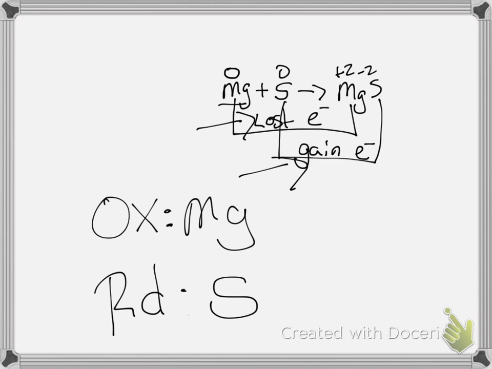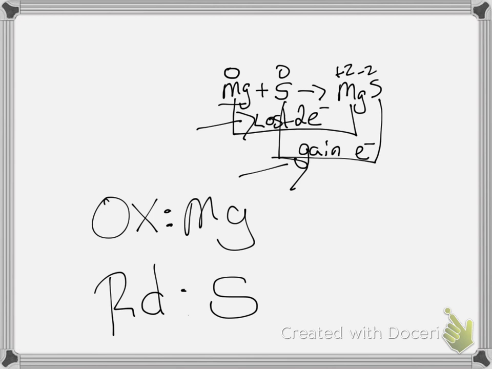Now, moving forward, that's kind of about where the level classes stop. We got to go a little bit further. So how many electrons is the next question? How many electrons did magnesium lose? 2.